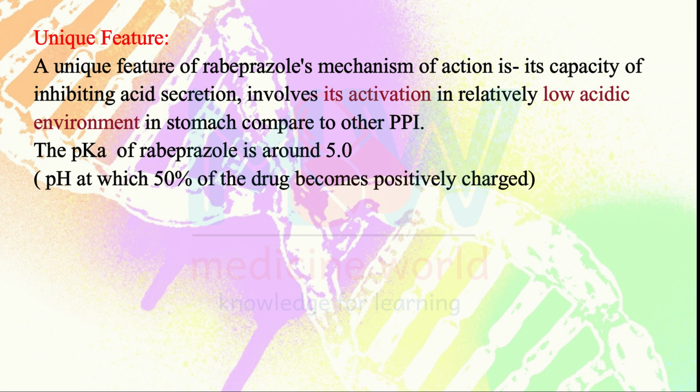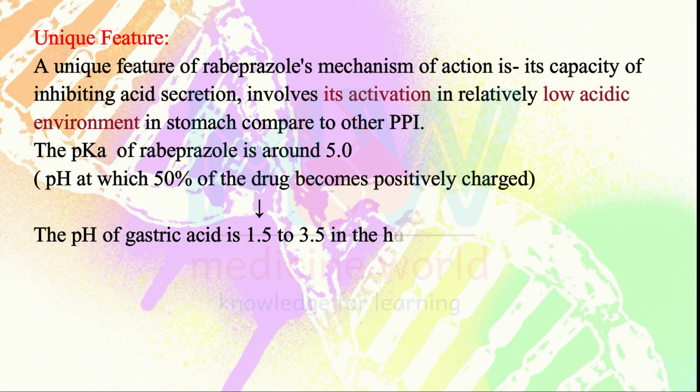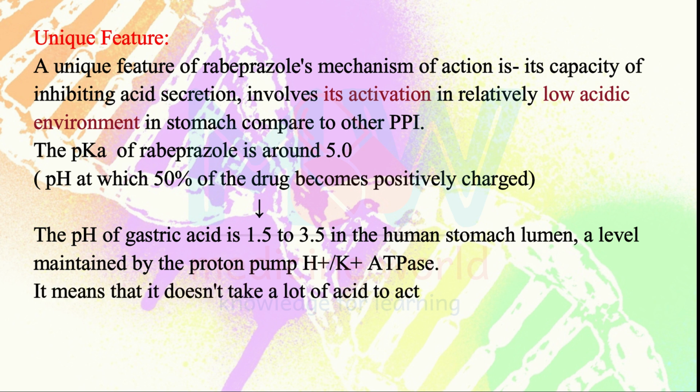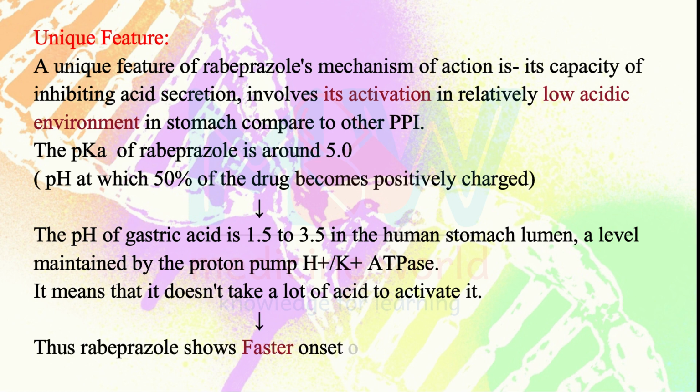The pH of gastric acid is 1.5 to 3.5 in the human stomach lumen, a level maintained by the proton pump hydrogen potassium ATPase. It means that it doesn't take a lot of acid to activate Rabeprazole. Thus Rabeprazole shows a faster onset of action in its acid inhibiting effect.